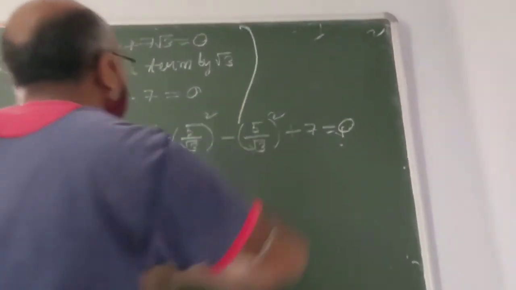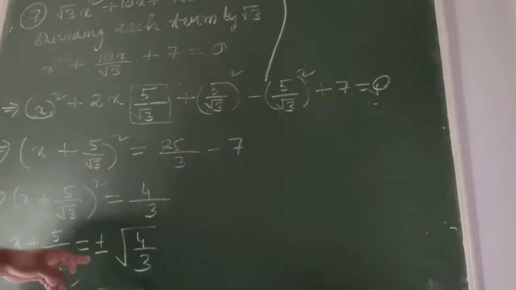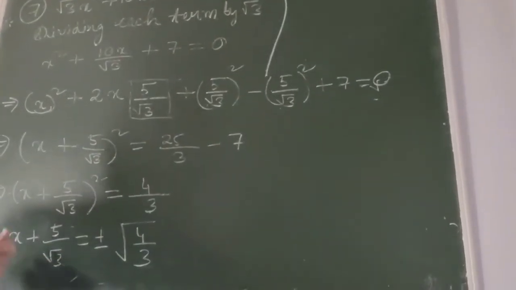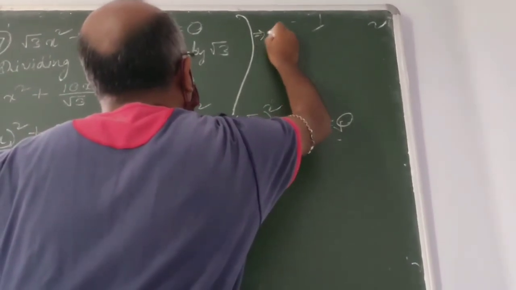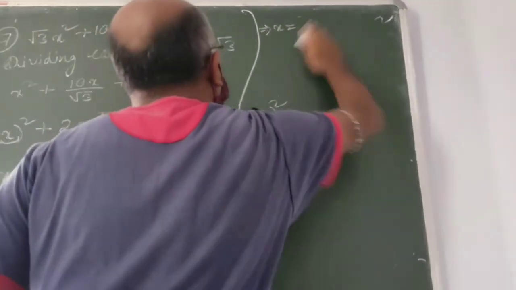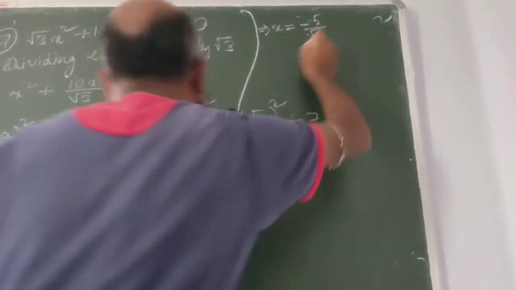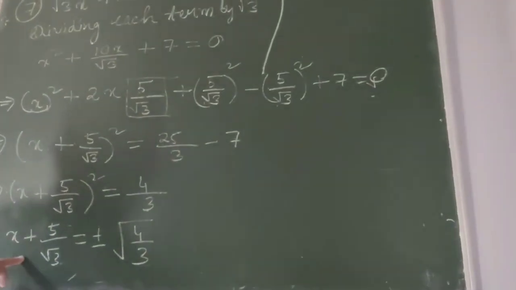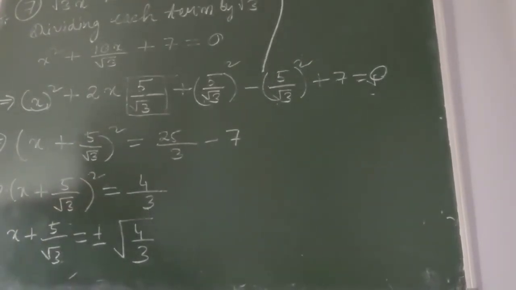Now x plus 5 by root 3 equal to plus minus root of 4 by 3. Now plus 5 by root 3 will go this side. It will become minus 5 by root 3, which implies x equal to minus 5 by root 3, as I have shifted this plus 5 by root 3 from this side to this side.